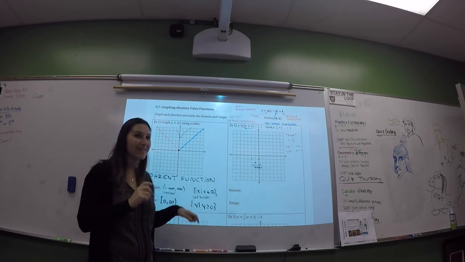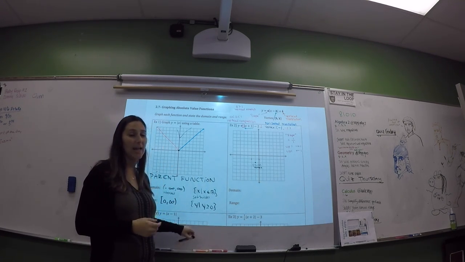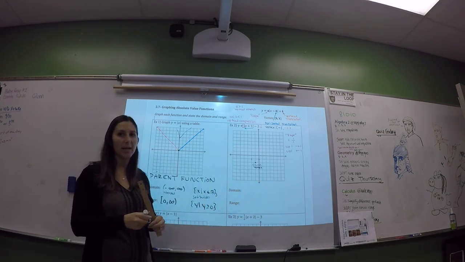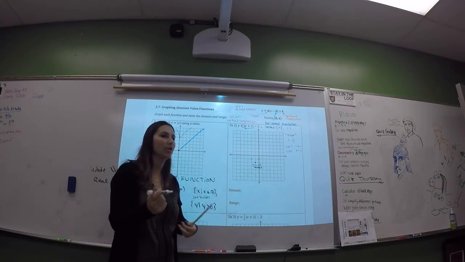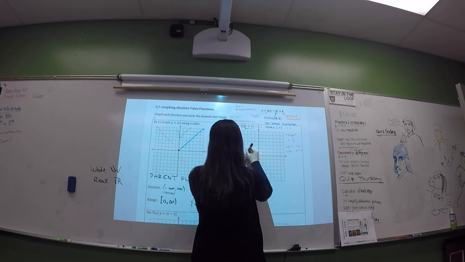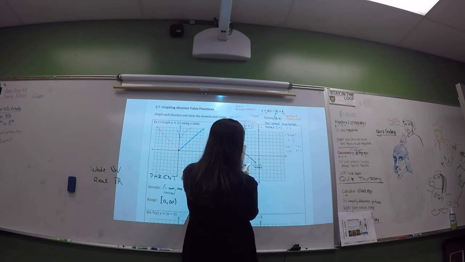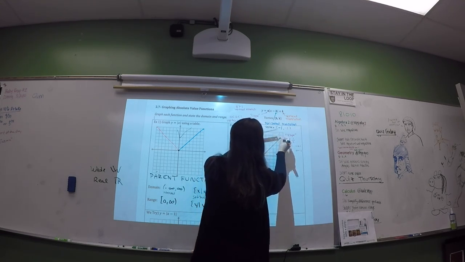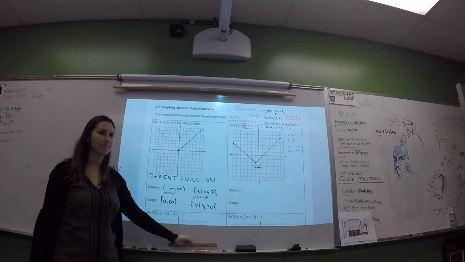You need 3 points to graph an absolute value function instead of 2 like a line. It's 2 lines that share that vertex. So this part goes like this, and this part goes like this.